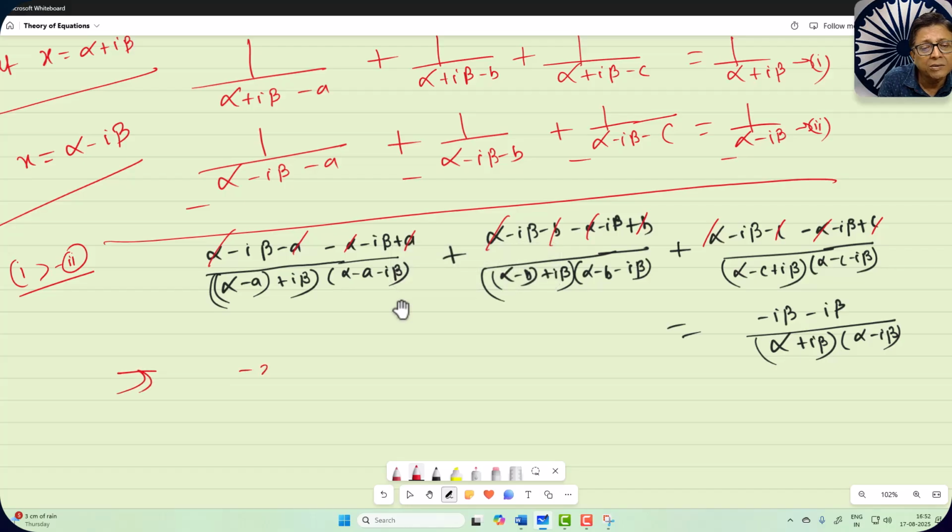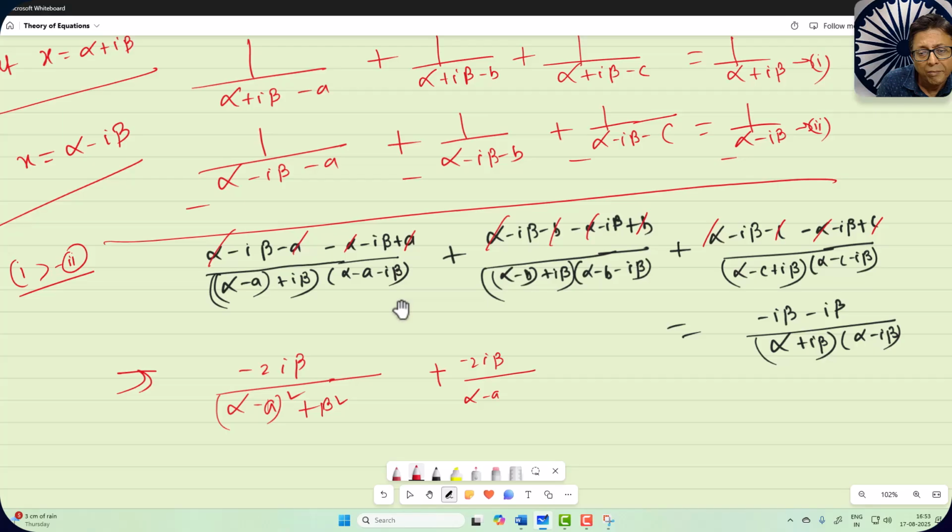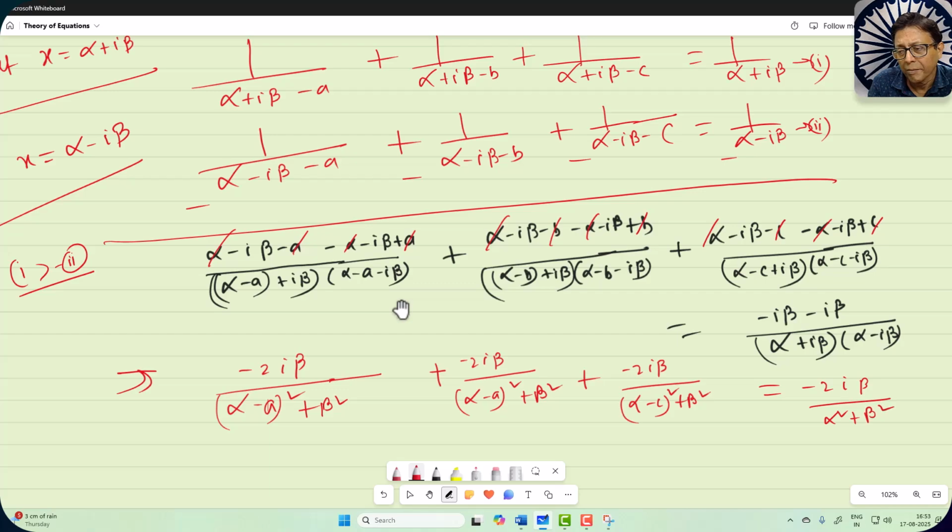This will give us alpha minus A whole square, two I beta by alpha square plus beta square.